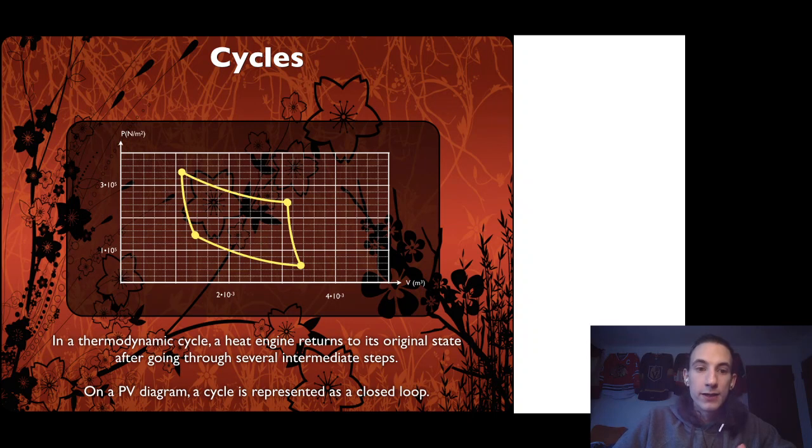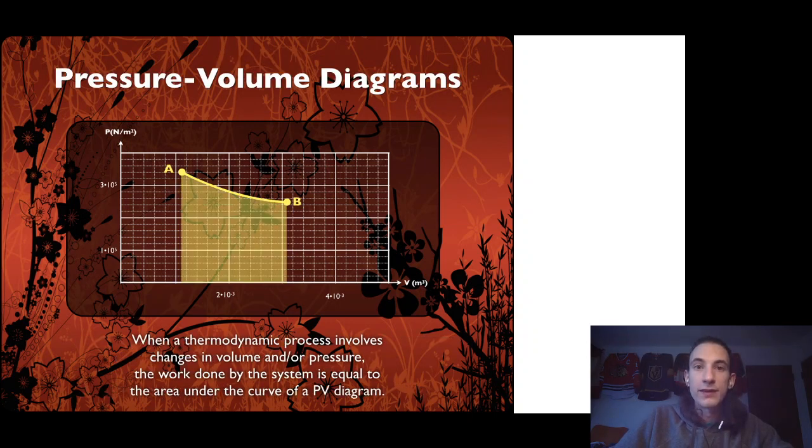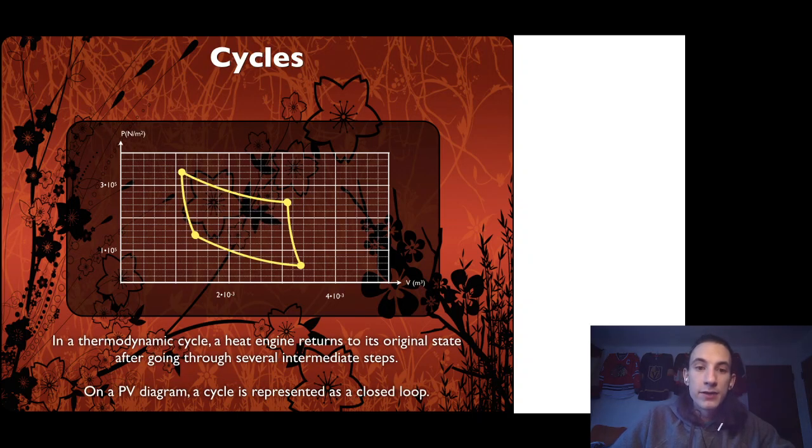So that was one process, going from one state to another, state A to B. For a full cycle, we can change all of our states and then end up at our original state. If we have this PV diagram, we can go through any number of states. If we end up back at our original state, we have what we call a cycle.